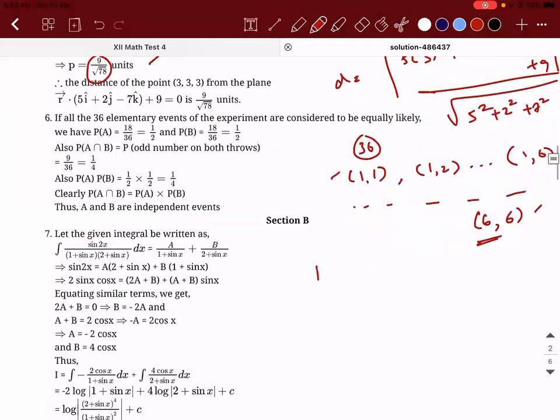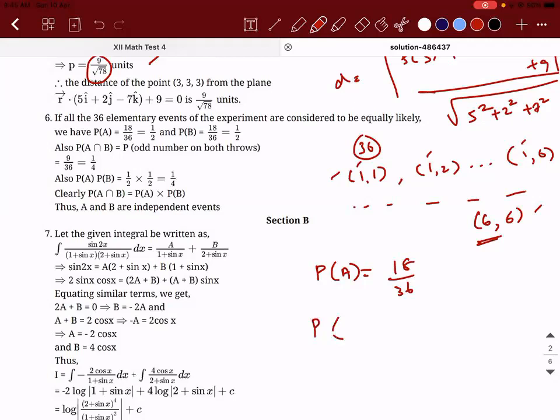Probability of A, guys. What is the probability of getting an odd number in the first throw? 1, 2. So it is exactly half. 18 out of 36. Accepted?